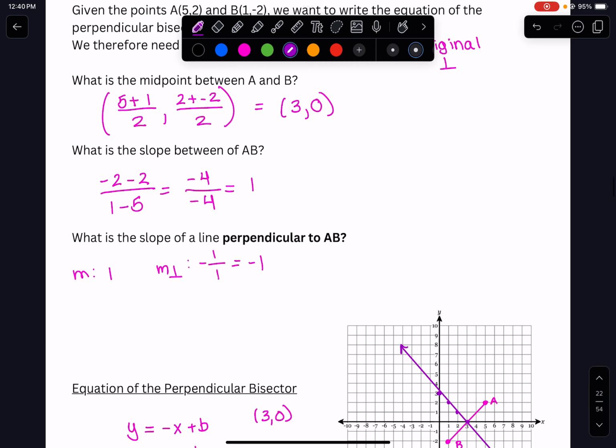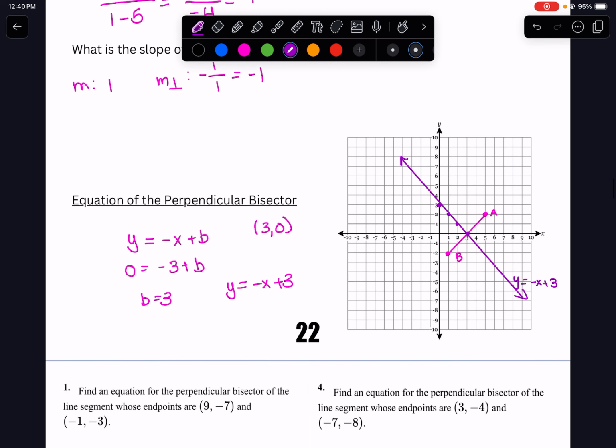So again, you find the midpoint, find the original slope, your perpendicular slope, and then you use the same tricks we've been doing the past couple of days to determine what that equation of a line should be.